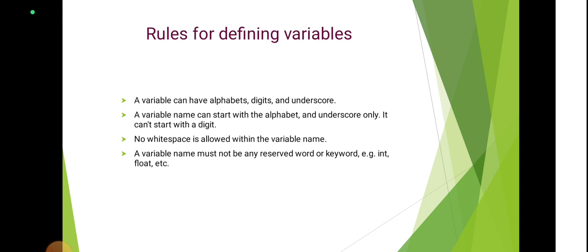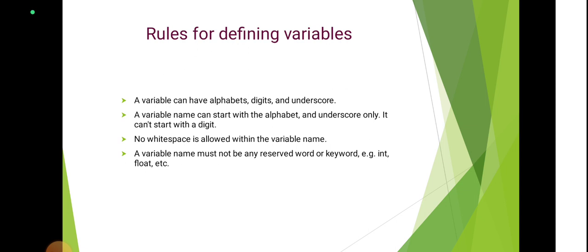There are different rules for defining variables. First, a variable can have alphabets, digits, and underscores. When you declare a variable, you follow these rules. Second rule: a variable name can start with an alphabet or underscore only. It cannot start with a digit.